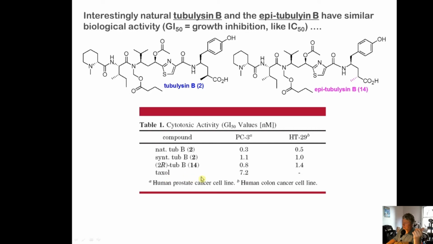And Taxol is pretty well known to be a super cytotoxic anti-tumor drug. Okay. All right. So this suggests that the C-terminal side, and especially that chiral center, might not be that important in binding, and maybe the more important stuff is on the left side of the molecules.